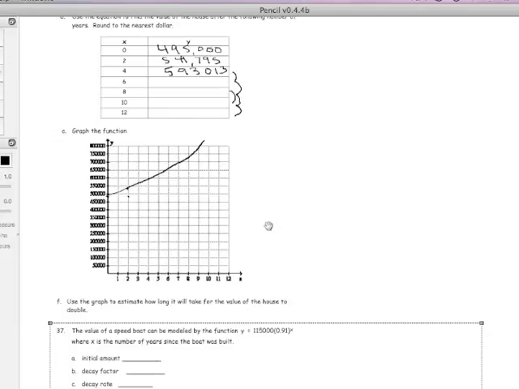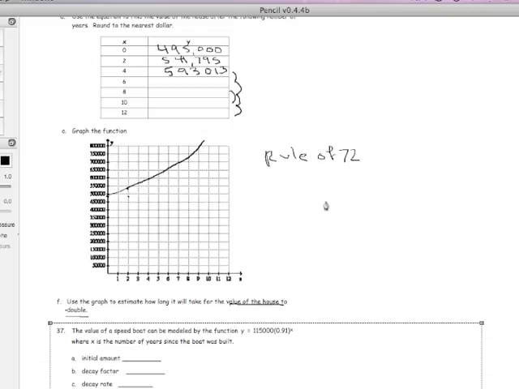So I just want to fix something. We want to know how long it'll take for the value of the house to double. There is a rule of 72 for doubling.